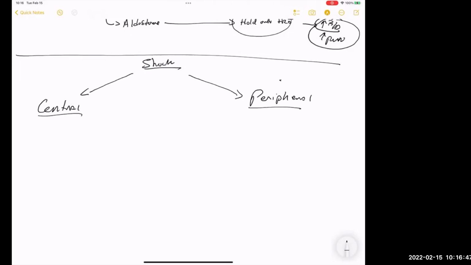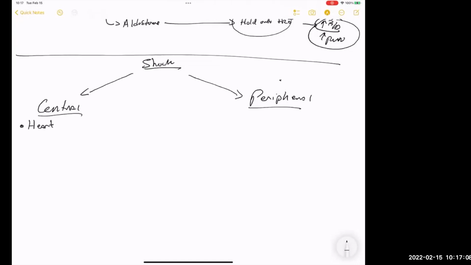All right, so central and peripheral. So central shock is really due to a shutdown of the central mechanisms that pump blood around the body. So think of this as the heart failing. So this is a heart problem.